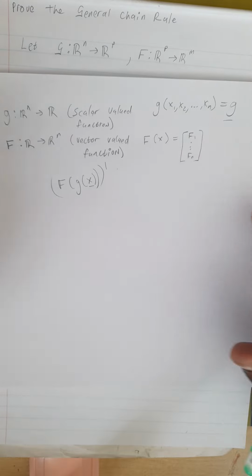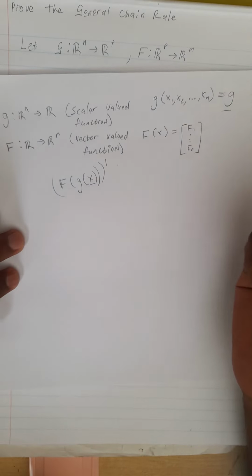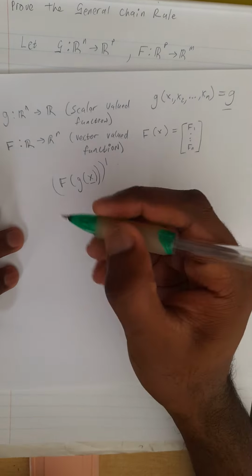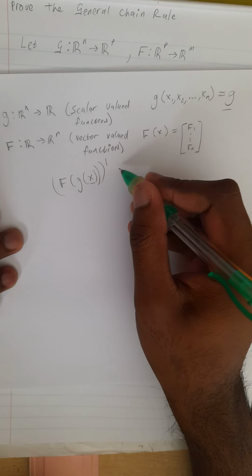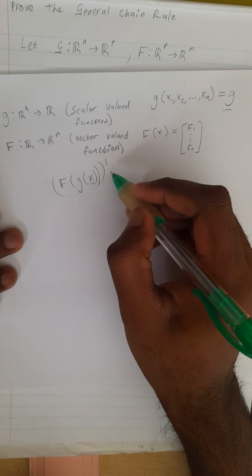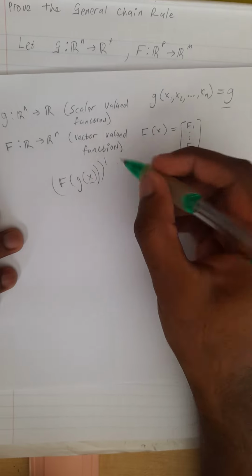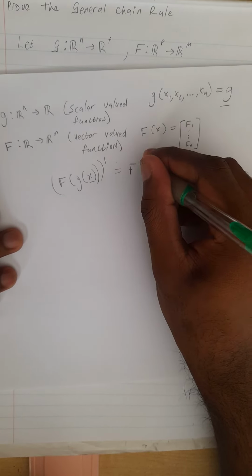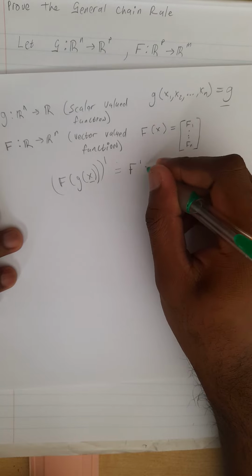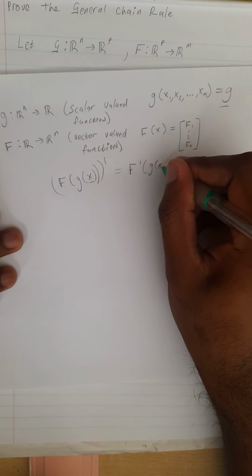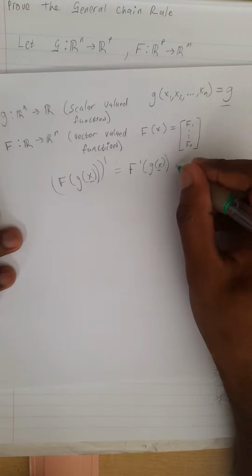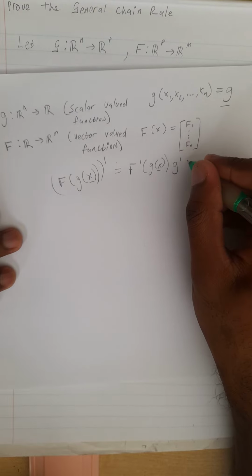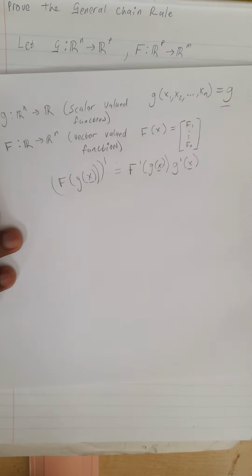So we know that its formula can basically be broken down as follows. If you want to take the chain rule of this scalar composition, you're basically just going to take the derivative of the whole thing and then just the derivative of g, just like that.